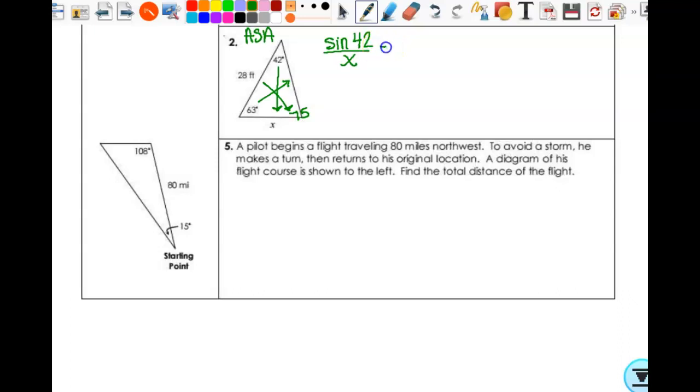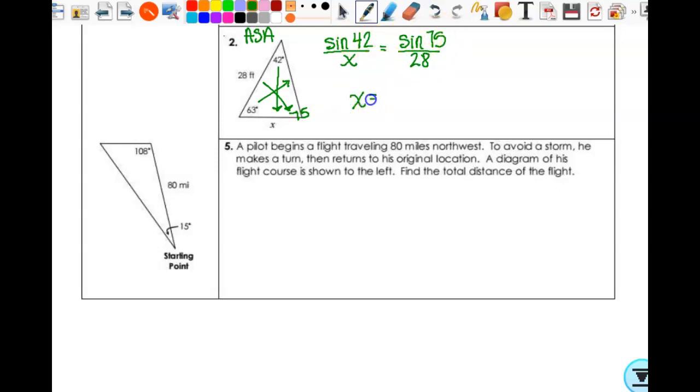So that means then I'm going to have that's equal to the sine of 75 over 28. Be careful that you actually take the sine of the angle and not the side length, and that you have the correct corresponding pieces, right? And so we can write all this out, but I am just going to multiply these 2 and divide by this.